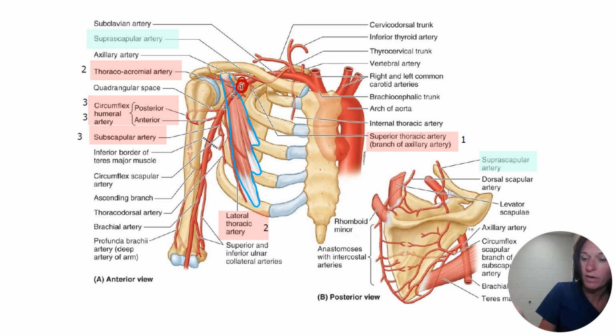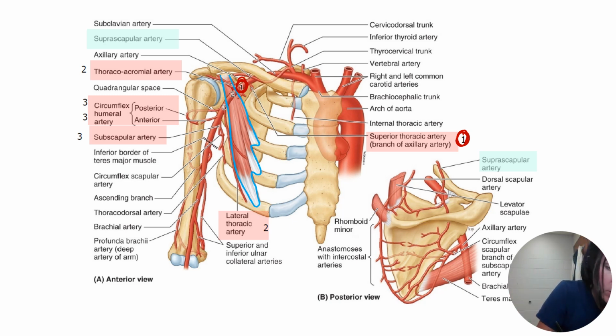From the first part, we're going to get 1 arterial branch, which is the superior thoracic artery. Superior thoracic is going to supply the first and second intercostal muscles, as well as the superior fibers of serratus anterior.